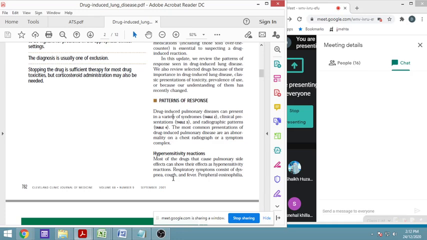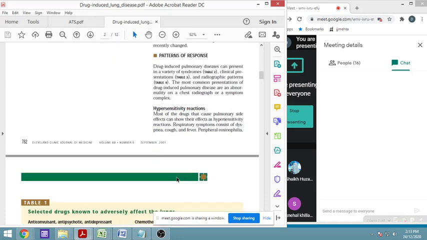It can be chest x-rays, CT scan, sonography, or the pulmonary function test, that is respirometry or spirometry, and on that basis we can check whether there is an exacerbation, whether there is an increase in the pulmonary disease, or new symptoms are arising, and we can check this after various drugs on the basis of complaints of the patients.